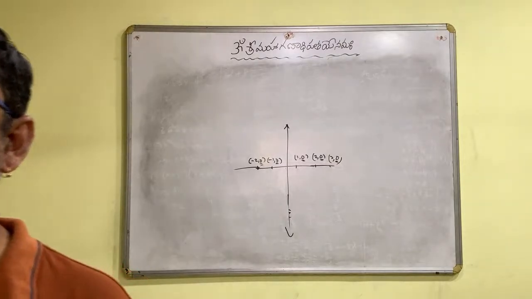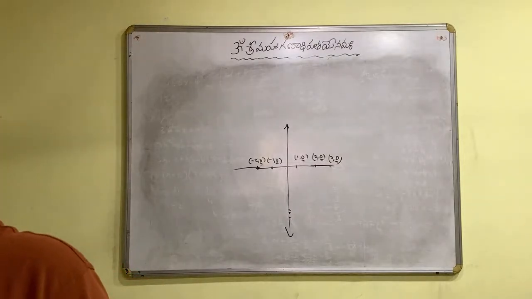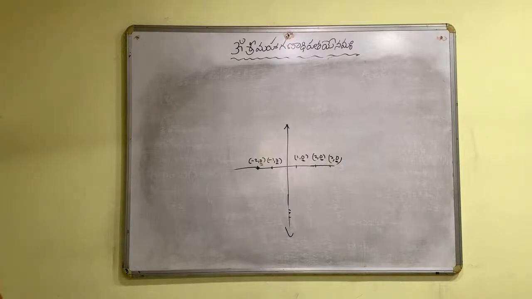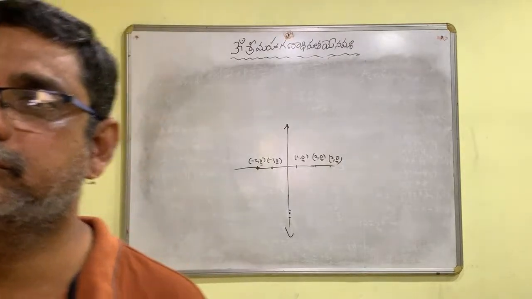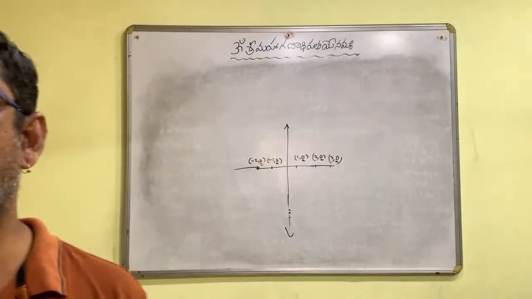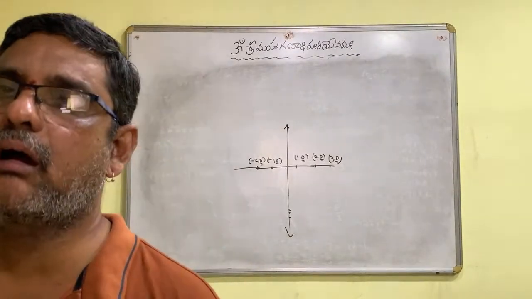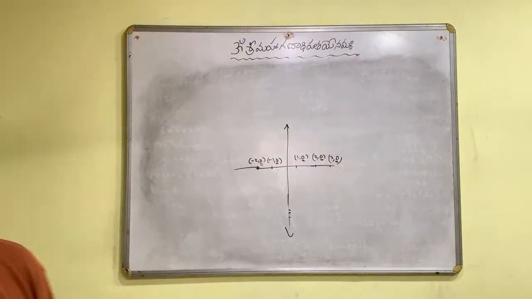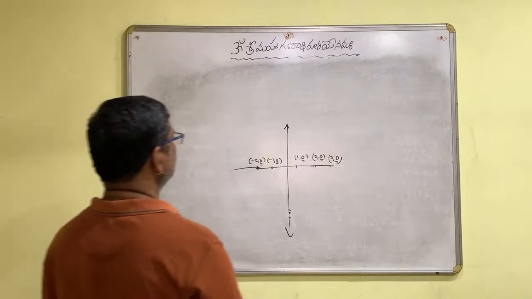And on y-axis? For every point on y-axis, the x coordinate is 0.